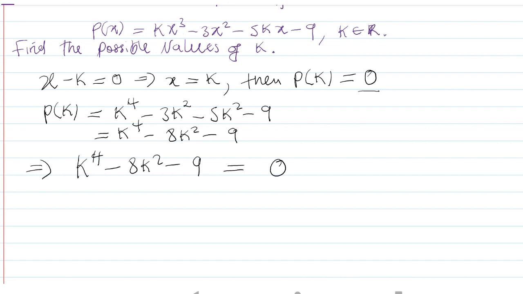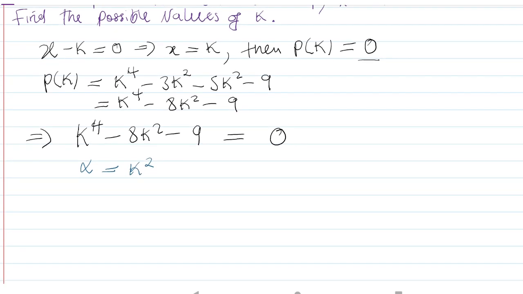I love to use alpha. Let's say alpha is equal to k squared. Okay, so meaning that we can rewrite the polynomial as k squared squared minus 8k squared minus 9.